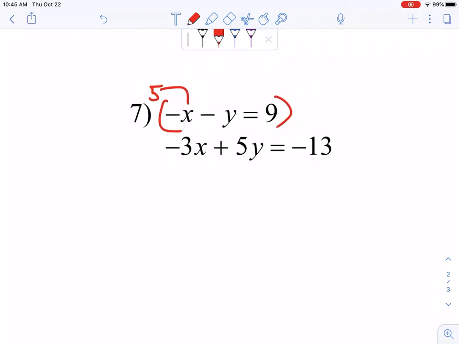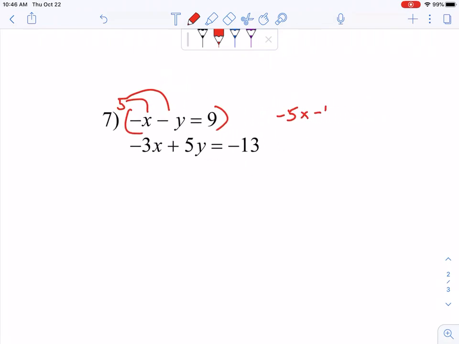5 times negative x, negative 5x. 5 times negative y, negative 5y. 5 times 9, 45. For my bottom equation, I have negative 3x plus 5y equals negative 13.